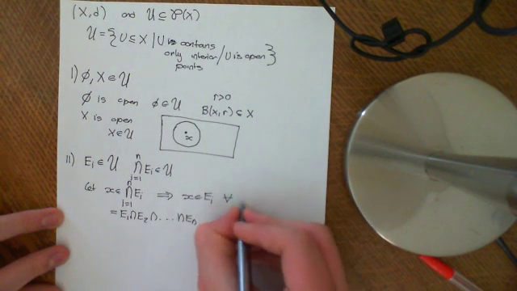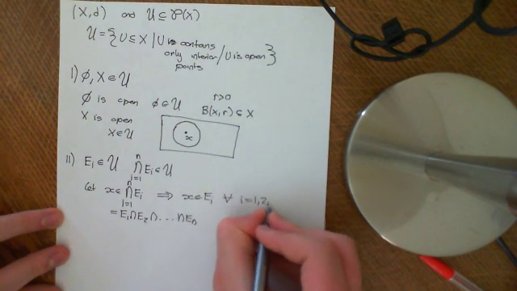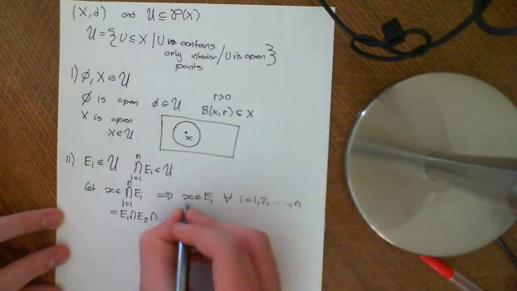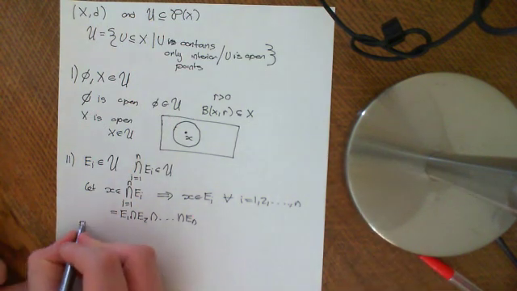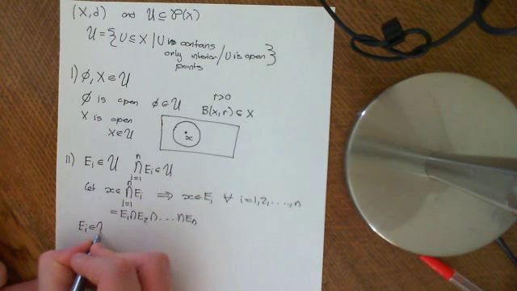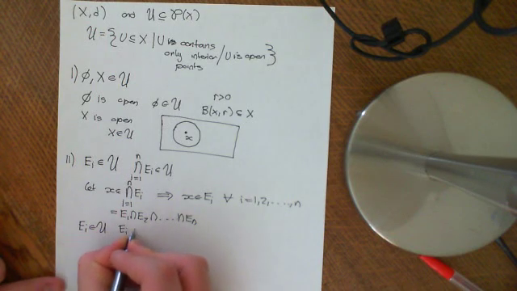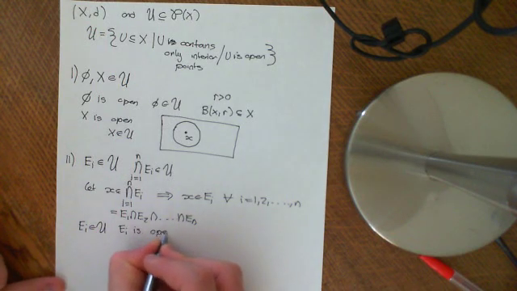So for all i equals 1, 2, all the way through to n, x must be an element of E_i. Now, E_i is an element of your big set U, which implies that E_i is open.